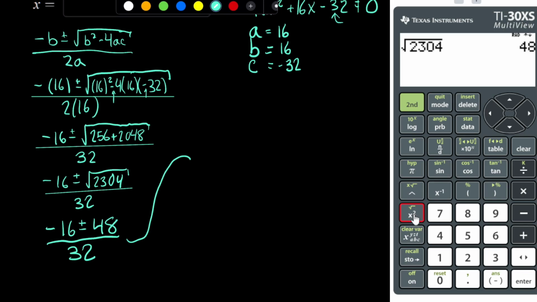So now we've done all that. We've worked with big numbers. We got down to 3 smaller numbers, right? We're going to split this problem into 2. Negative 16 plus 48 over 32. And negative 16 minus 48 over 32.